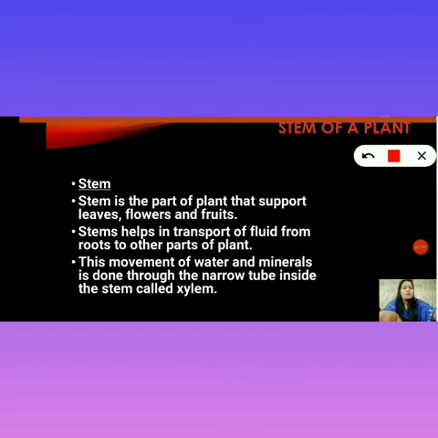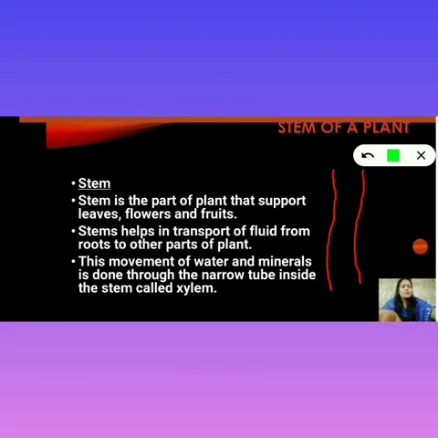Now let's look at what is present in the stem which helps in conduction of this fluid. So let us draw the stem once again. So children, in the stem there are some small narrow tube-like structures.